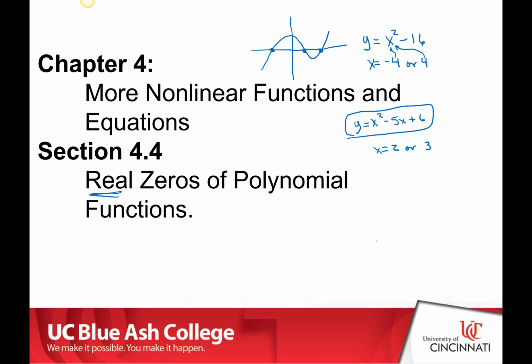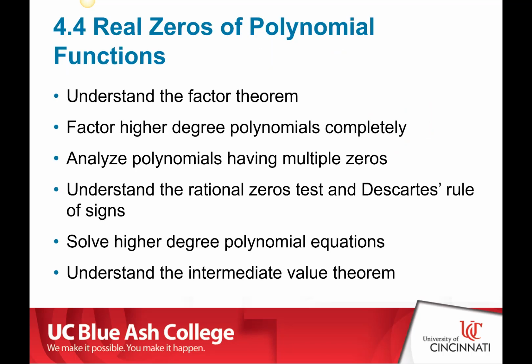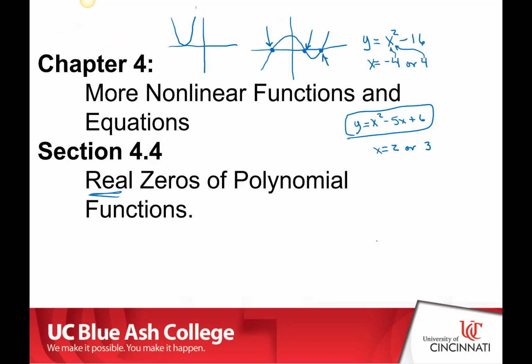When you plug in 2, the y value that comes out is 0. So these zeros of a polynomial function are going to be the values of x where the function either touches or crosses the x-axis. It can do either. In that example, it crosses. Here's an example where it just touches it. Whoops, disappeared on us pretty quickly. There it is. That makes sense to everybody where we're headed?